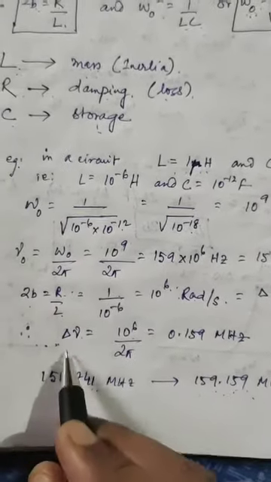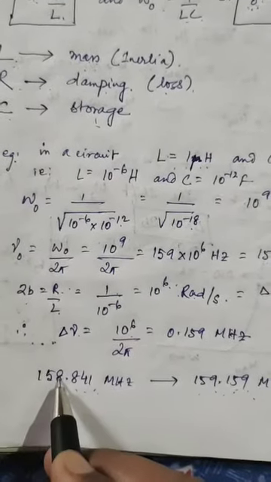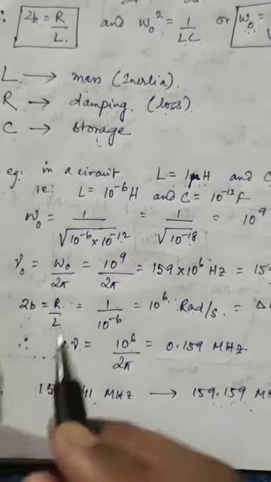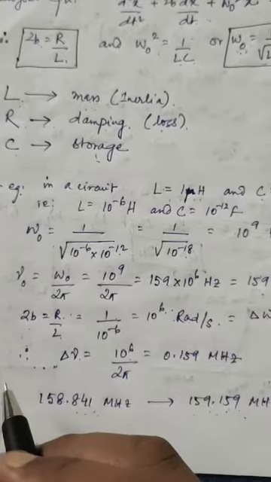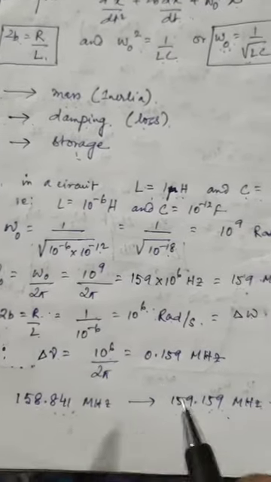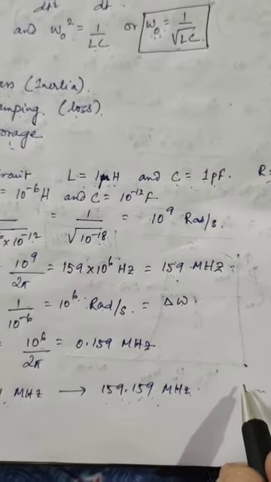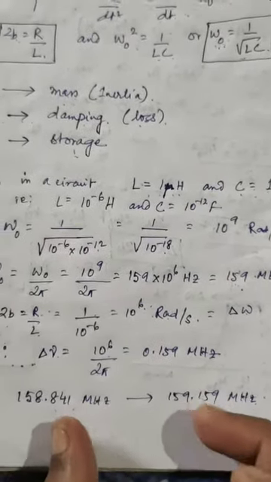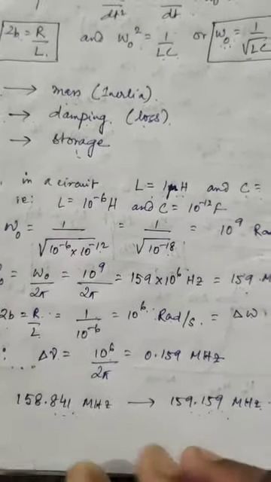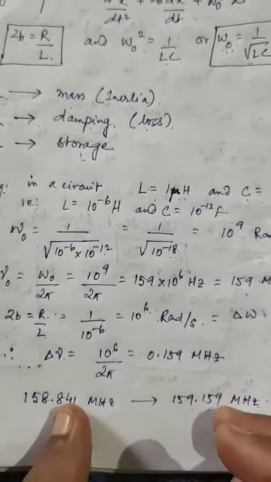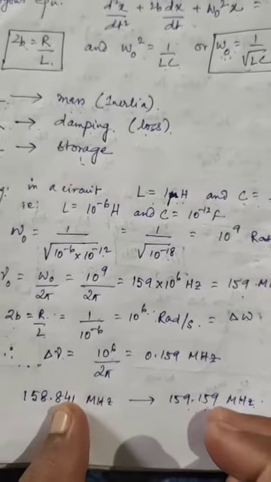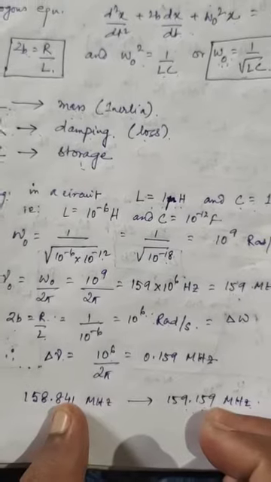Bandwidth means this. If you go below this, the power delivered to the system will be low. And if you go higher than this, the power delivered to the system will again be low. In between this frequency range, the power delivered to the system is large.